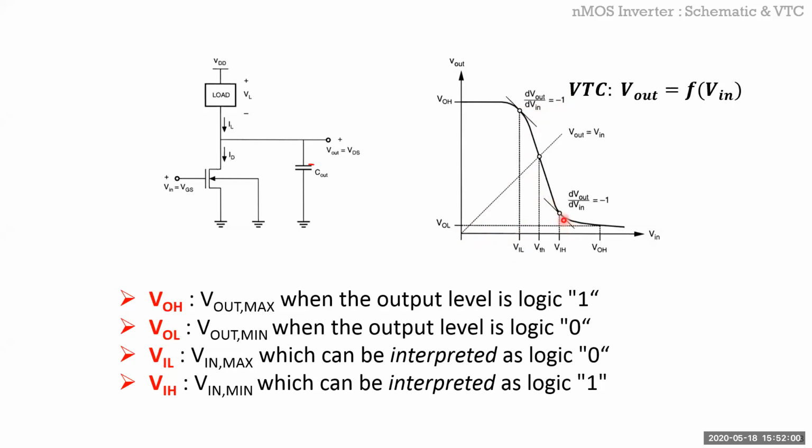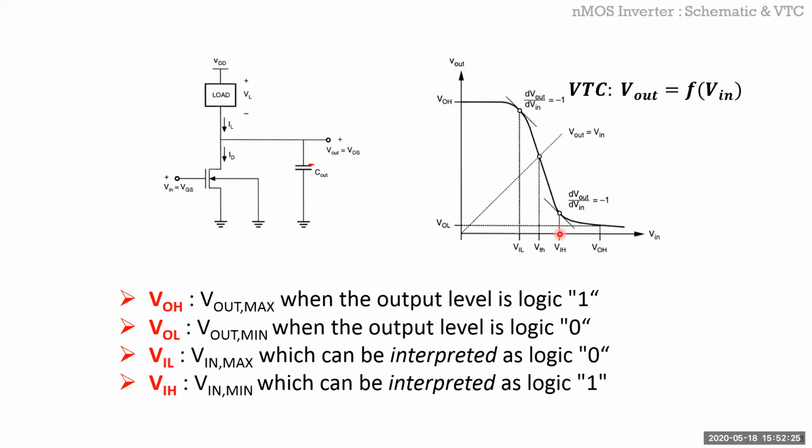Similarly, VIH is the minimum input voltage for which the input logic is considered as 1. So for example, if your output logic of this gate is VOH, from VOH to this Vin, this whole range here is considered as your input high, right?